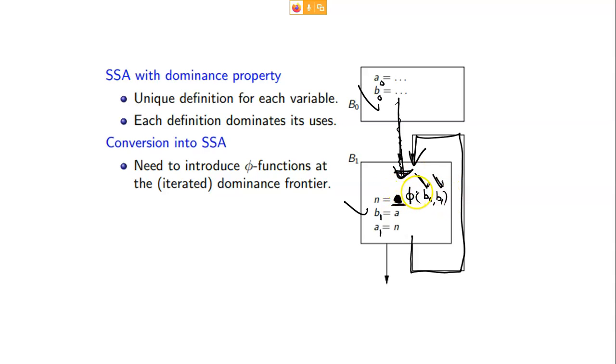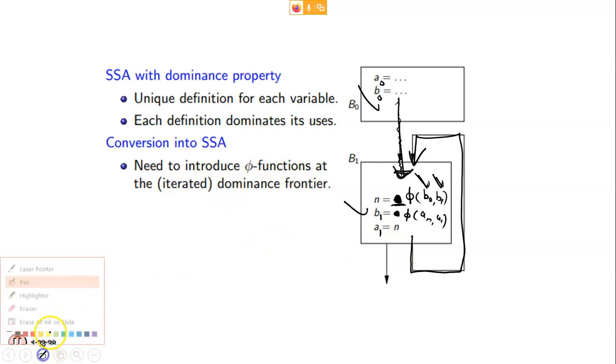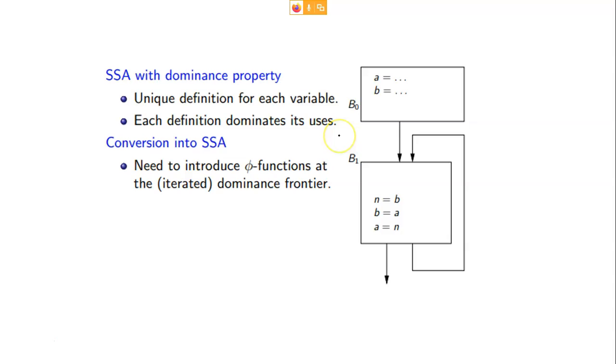This is how SSA works. Similarly here, what to put, A0 or A1? Again the same thing, phi A0 comma A1. This is how you can convert the given program into SSA.